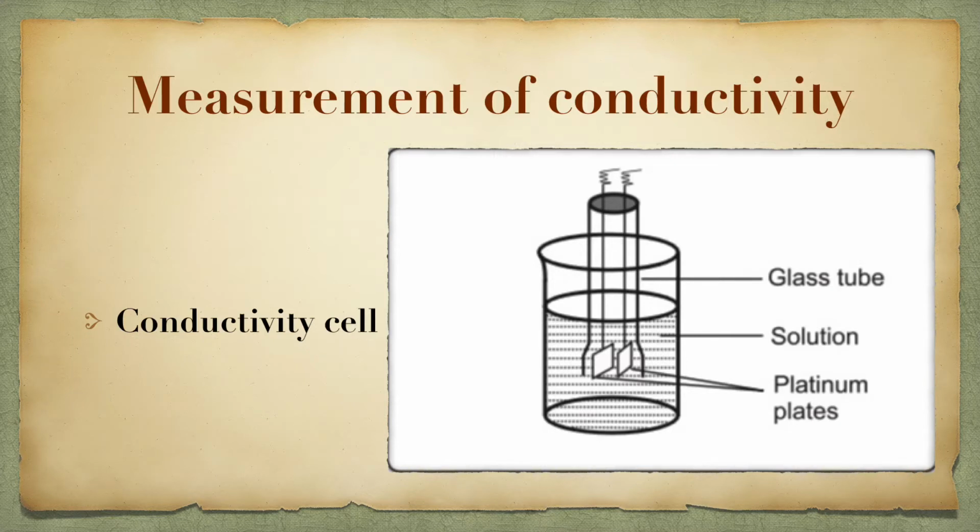This is achieved by the electrolysis of chloroplatinic acid. The solution you can see is the one whose resistance we have to measure. So this is the construction of the conductivity cell.